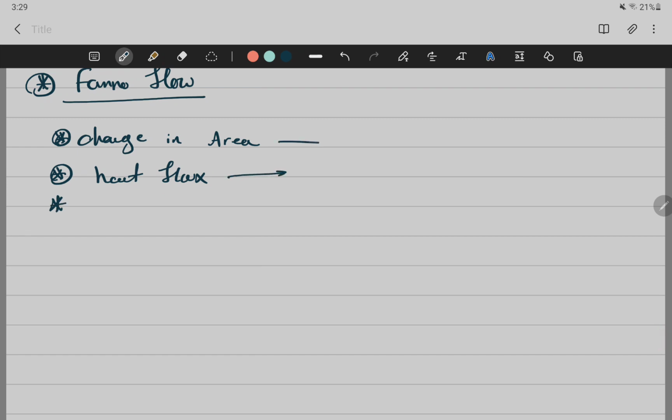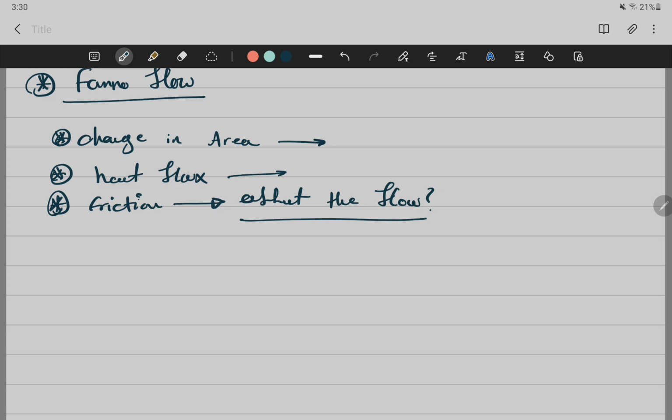And we have seen the effects of it on your flow, right? The next thing we want to discuss is how friction is going to affect your flow. We have three main mechanisms to accelerate or decelerate flows in subsonic and supersonic regions. We have discussed one much earlier, we just discussed the heat flux, and the third one is friction.